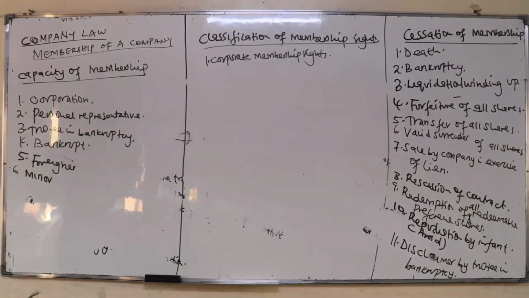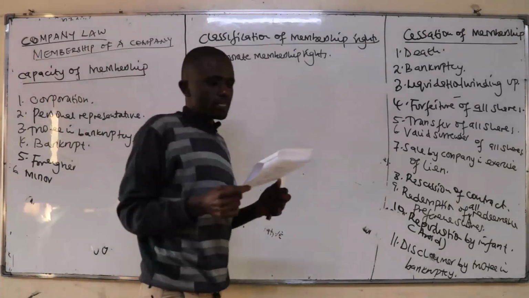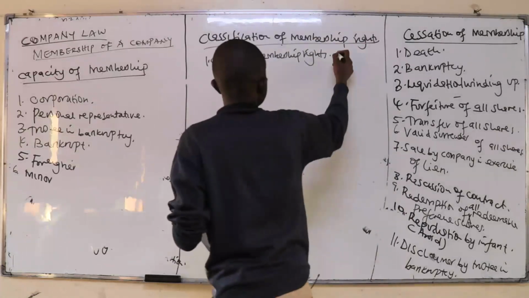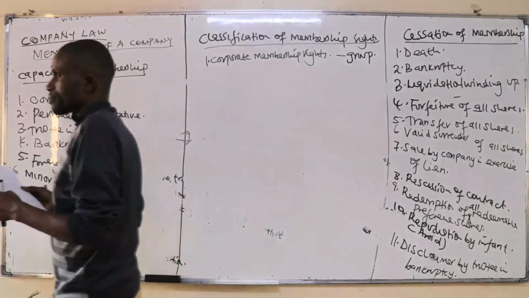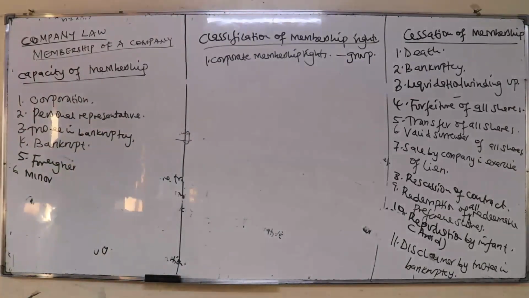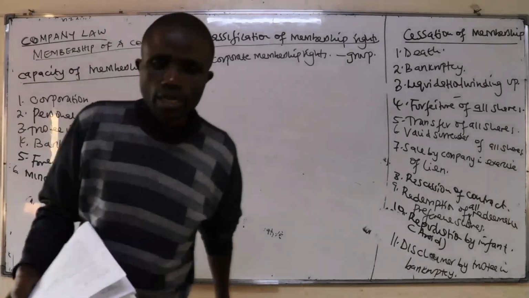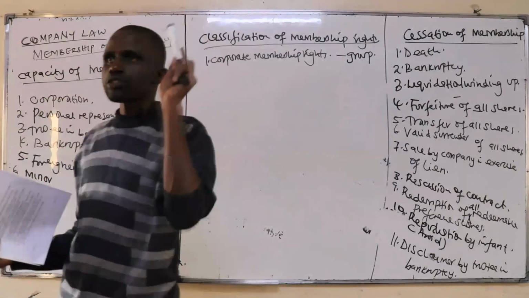These are rights conferred by law on members as a group, and therefore members only exercise them as a group. There are rights that you cannot exercise as an individual. They require that you pass either an ordinary resolution or a special resolution.